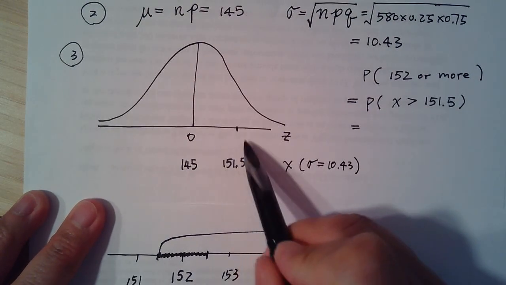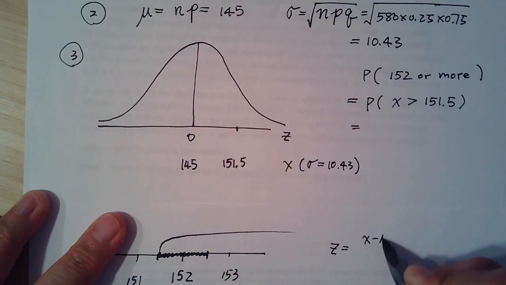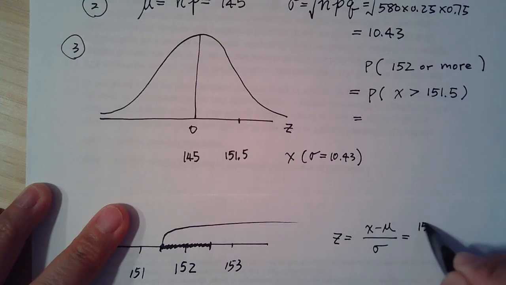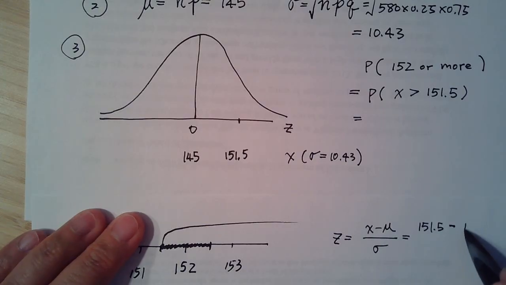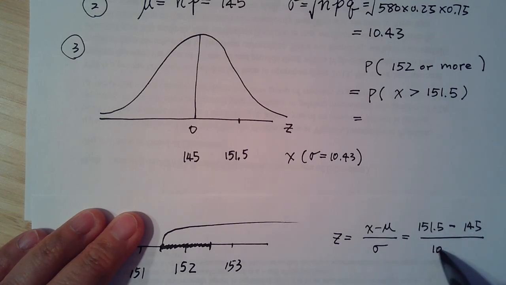See, here is missing, right? We're looking for the z-score. The z-score will be just x minus mean divided by standard deviation, which is universal. So we're looking for the z-score for 151.5, and we're going to use that minus 145 divided by the standard deviation, which is 10.43.